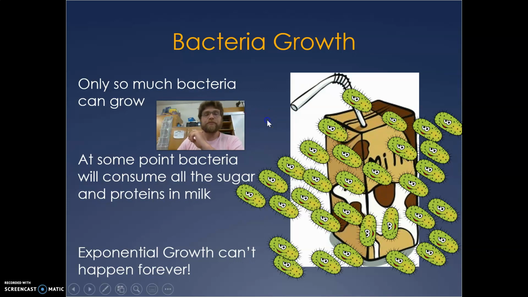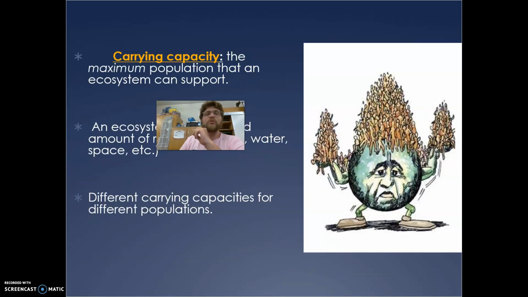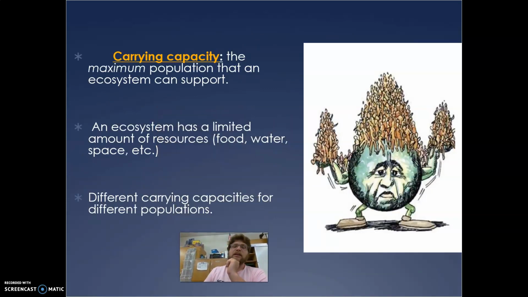forever. And instead, we reach a carrying capacity. So this is some maximum population that an ecosystem can support with its given limited resources. So that chocolate milk bottle only has so much water in it, only has so much sugar and food in it, it only has so much space. At some point, those bacteria will reach a certain population that that milk bottle can support.